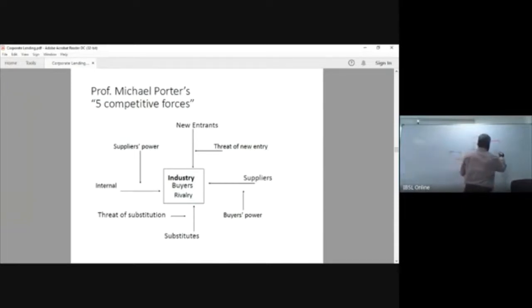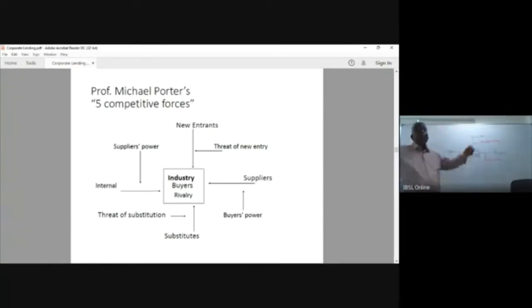And then buyers. We call it buyers power. So this also will create another force. Why?